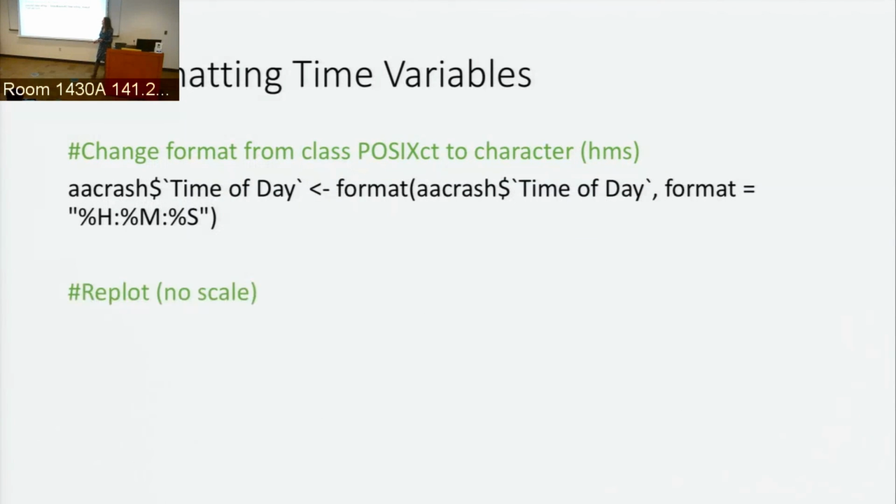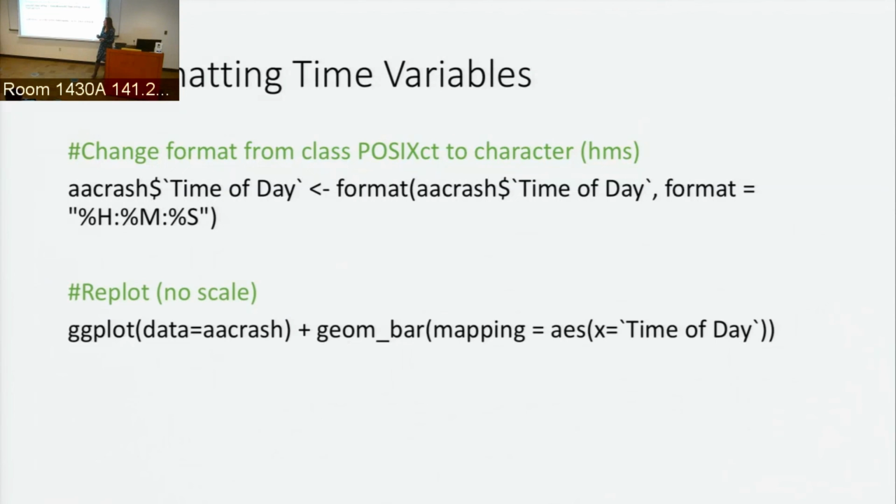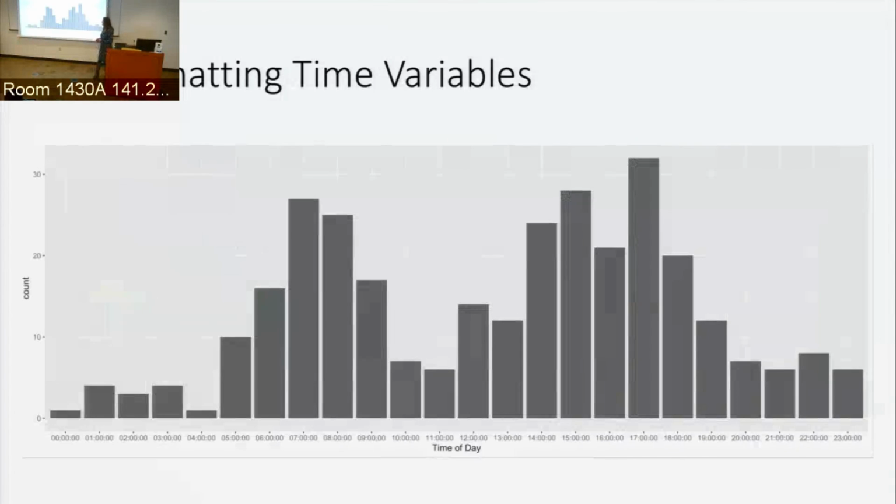Then if we replot this, using the same code as before, we don't need to change our ggplot code because all we've done is transform the variable time of day to look more meaningful. Now you should get a plot that looks like this, where the x-axis is ordered chronologically in a way that makes sense from 0 to 23.